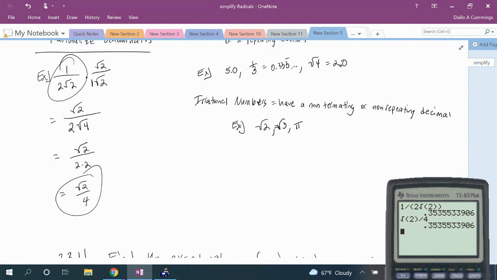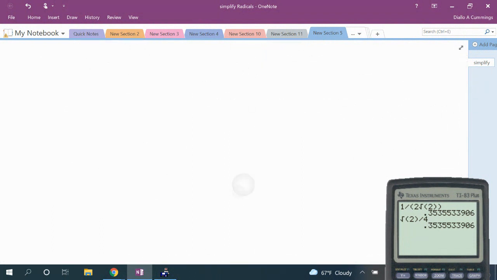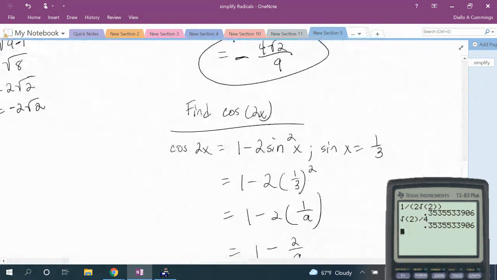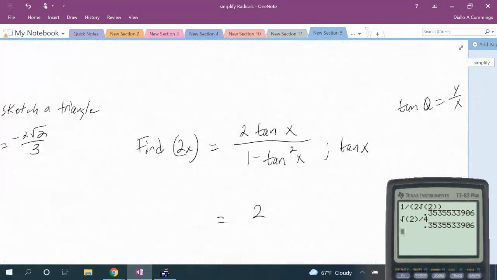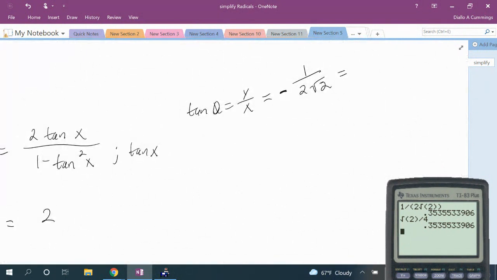So instead of using negative 1 over 2 square root of 2, I'm going to use negative square root of 2 over 4.